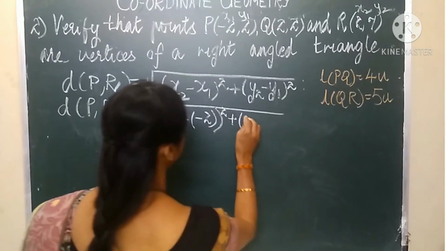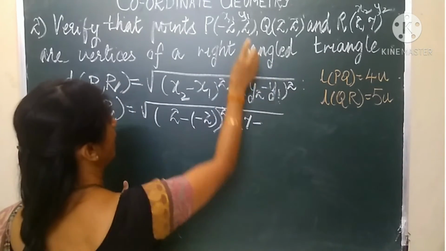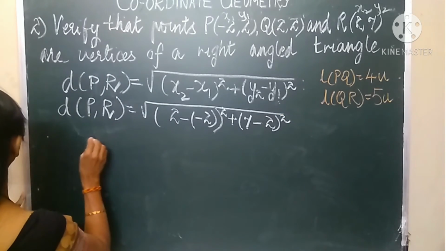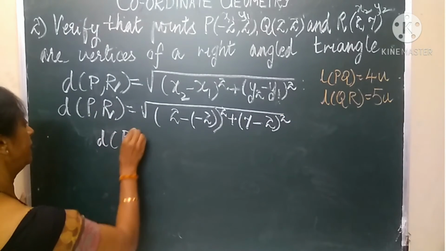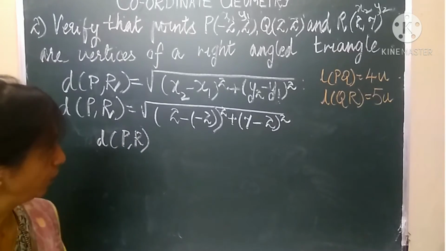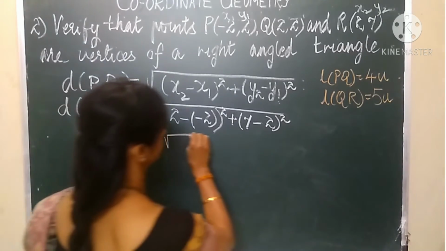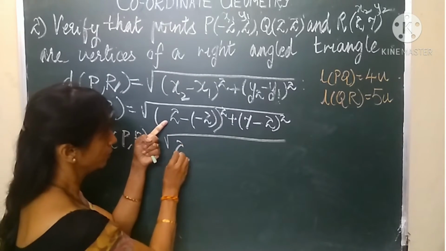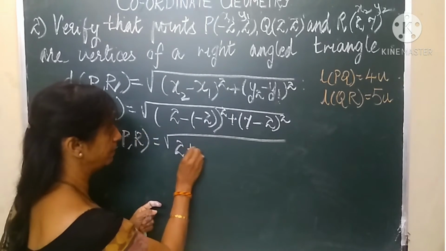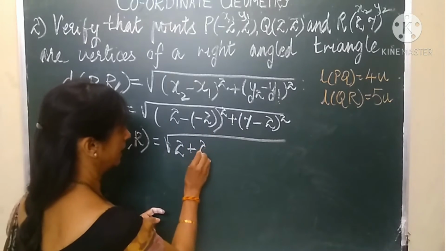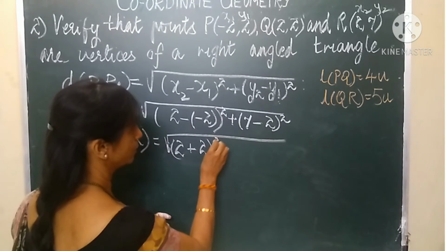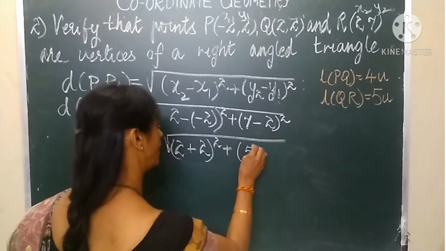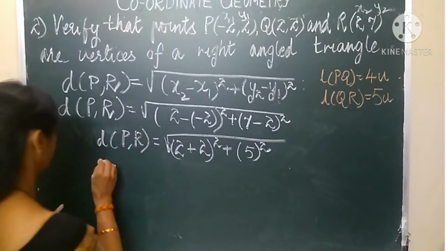Over here it is (7 minus y1 is 2) the whole square. So therefore distance PR will be equal to, let's see what is there in the first bracket. 2 minus into minus gives us plus, again with the 2 the whole square, plus 7 minus 2, that is 5 the whole square.